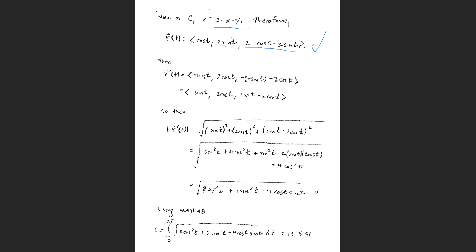All right, well, now what we want to do is apply the arc length formula. Remember that we want to find the length of that curve of intersection. So I have to compute the derivative of my space curve, and then apply the arc length formula.